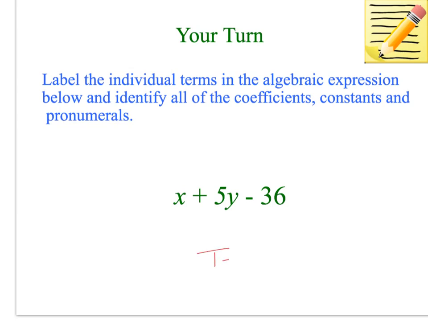So I might just put terms here. That's a term, that whole thing's a term, and that whole thing is a term. Now I'm also going to identify the coefficients. So that is a coefficient.